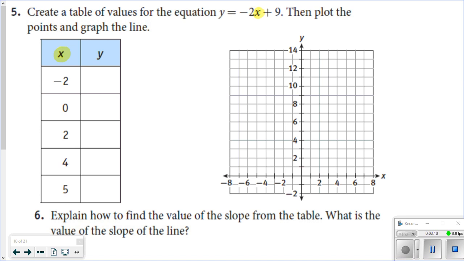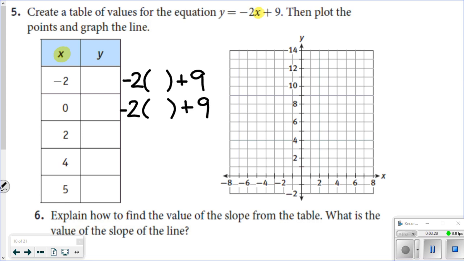So if I write it out, it's going to be negative 2 times whatever x we're plugging in plus 9.